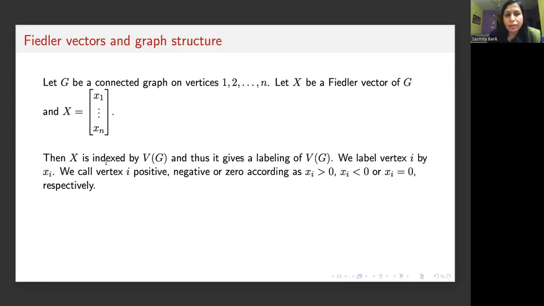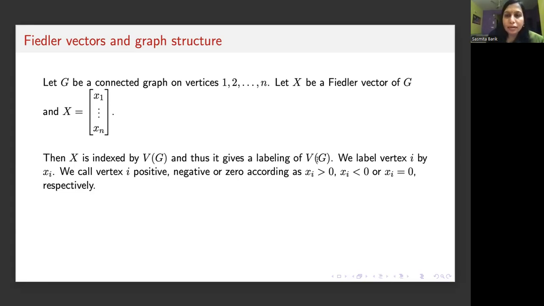Now, because there are n coefficients and I also have n vertices, I can index those, like giving weights to each vertex. So I can label the vertices with the coefficients: 1 corresponds to x1 and n corresponds to xn. It gives a labeling for the vertices.